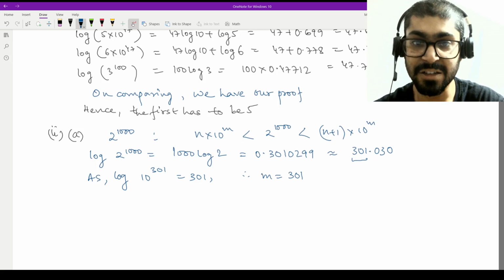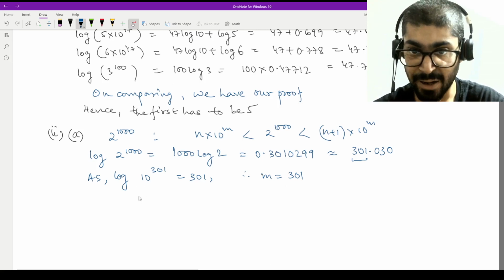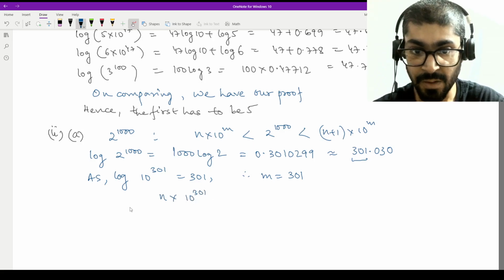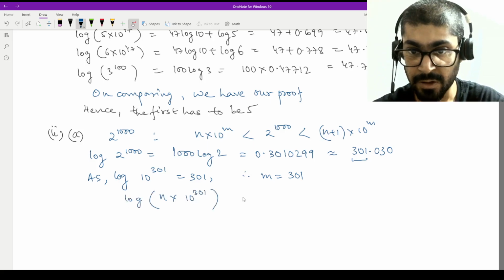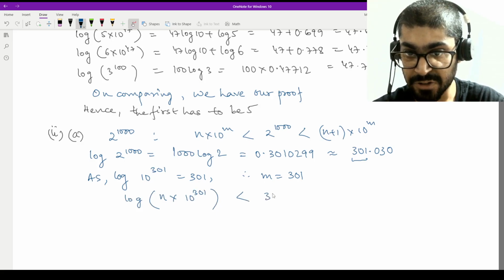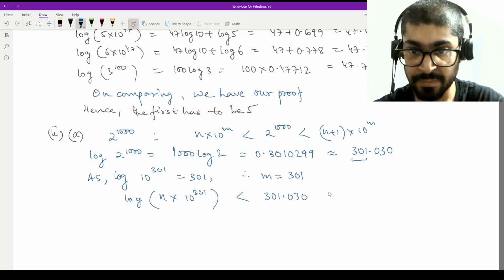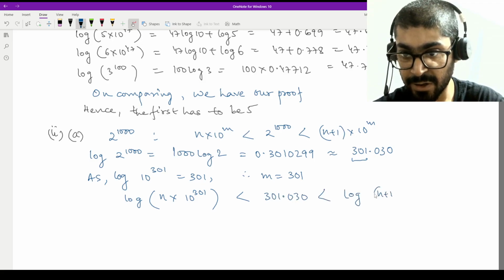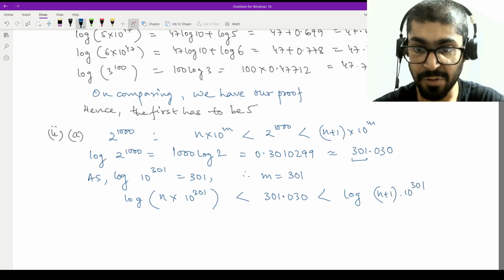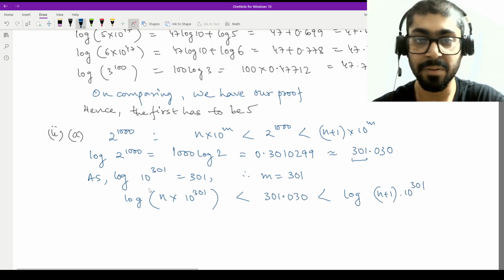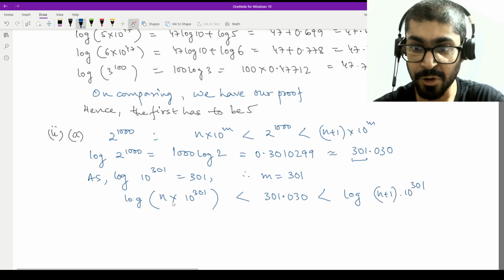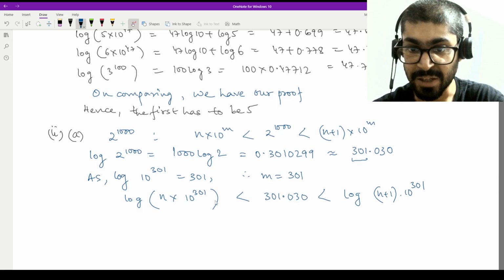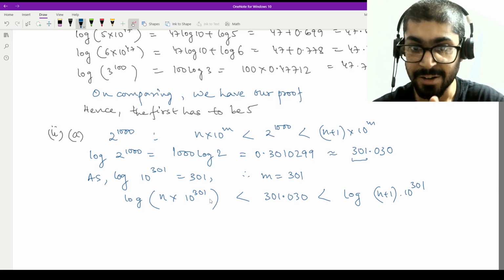Now if m is 301, we need to find n. So we have log of n into 10 to the power 301 less than 301.030 less than log of n plus 1 into 10 to the power 301. We have calculated the value of m. Now what value would give us something that is just less than 10 to the power 301?